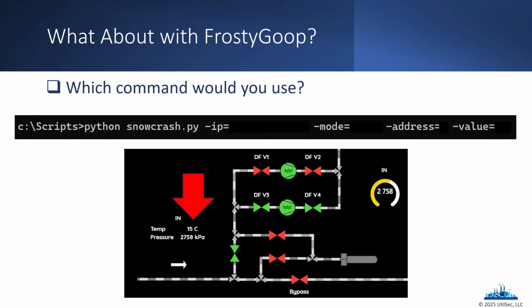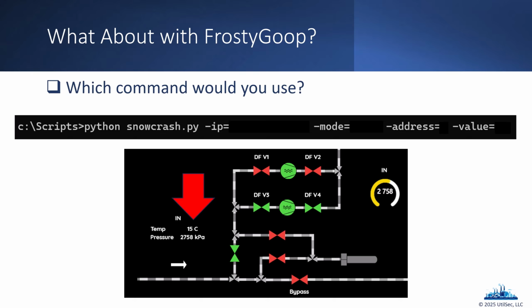The attackers actually just converted theirs to an exe, so it was literally modbus.exe. You can see the command syntax that they used. It's not very pretty, kind of ugly. But in this case, I'm just using a Python script to simulate Frosty Goop. The lab will walk you through the process of how we would turn off that first pump using Frosty Goop syntax.